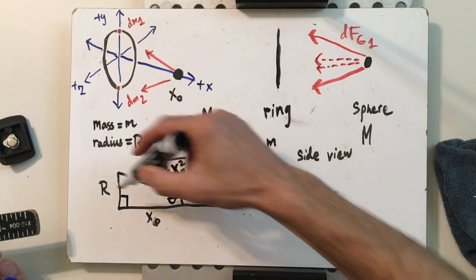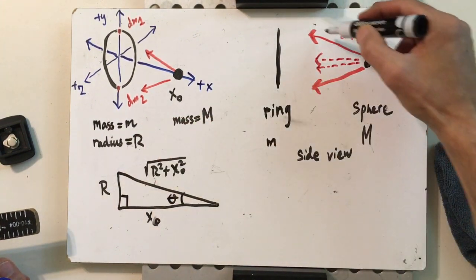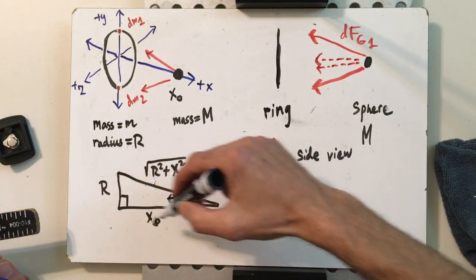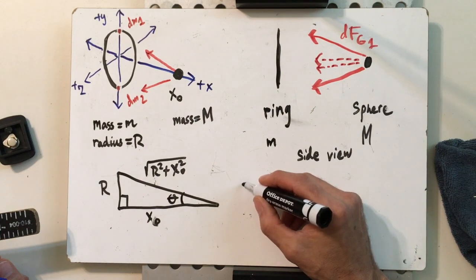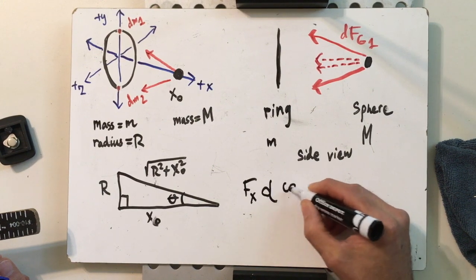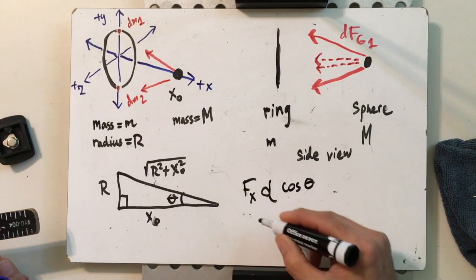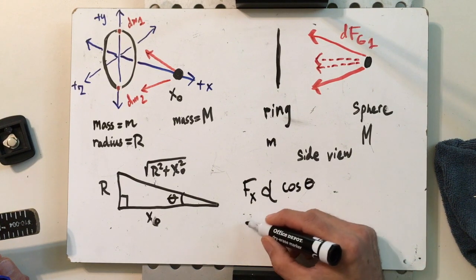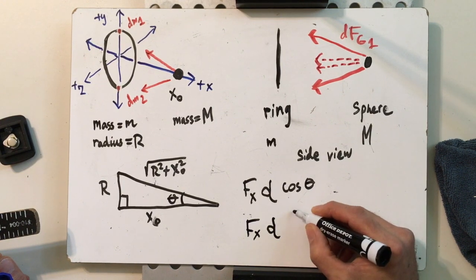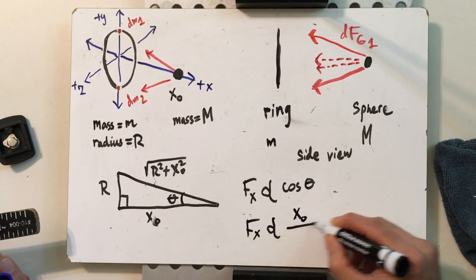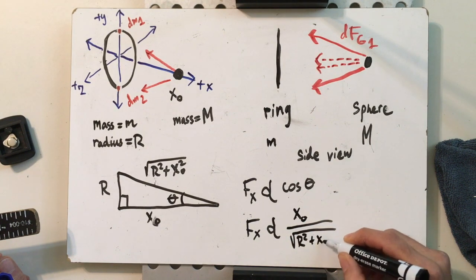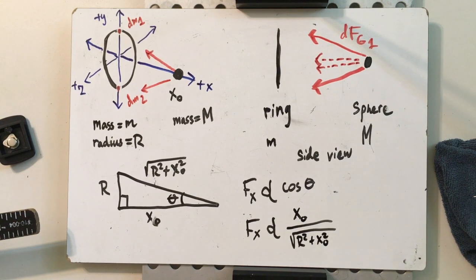The force vector we're interested in would be this, and the component vector we're interested in would be this side of the similar triangle. So F sub x must be proportional to cosine theta, because it's the adjacent side of that triangle for angle theta. That means F sub x is proportional to x naught over the square root of r squared plus x naught squared, because that's what cosine theta would be for that triangle.